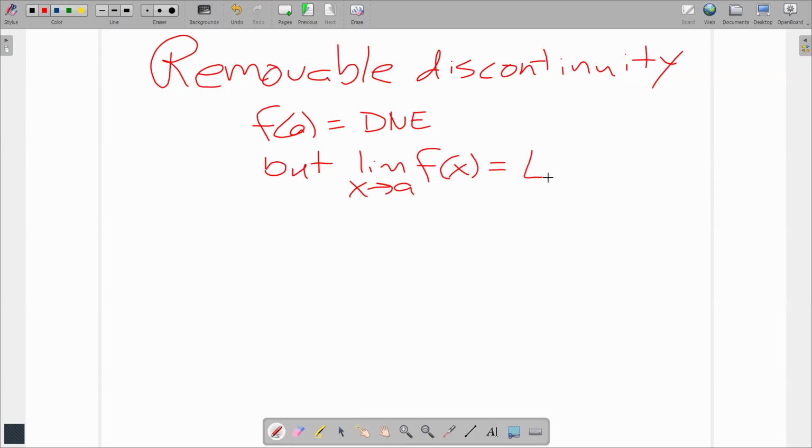So L is our plug. We would just plug the hole with the point (a, L). That means we have to redefine this as a piecewise function. A big whoop, a little more ink.